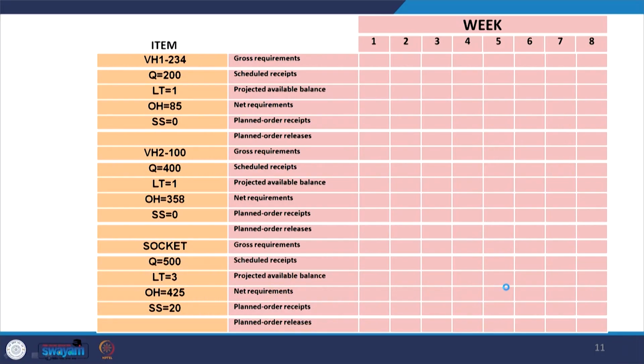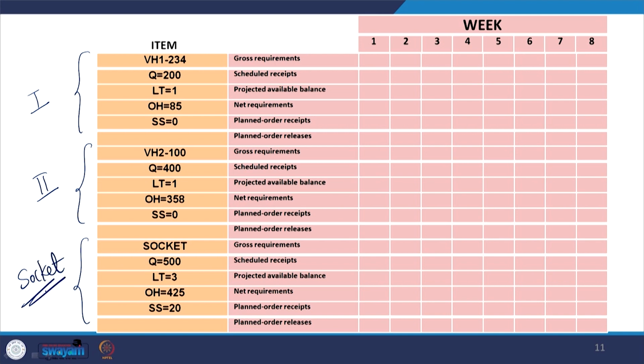So, for this we can have this type of table, where we have three important components, the first item, the second item, and the socket.